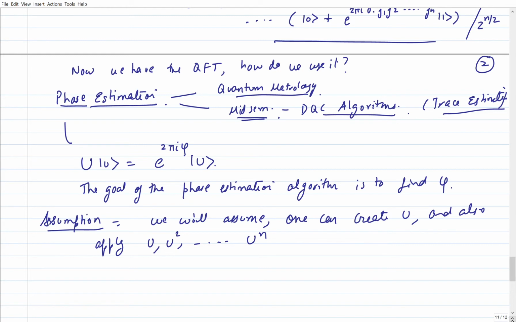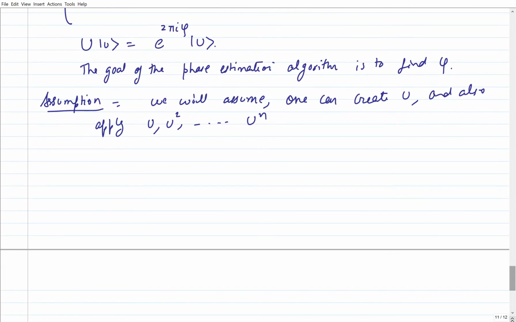So here is a schematic of what essentially we are trying to do. I have a state 0 going through Hadamard, and then I have a control unitary. It only activates when it's going to run, and the input state over here is going to be the eigenvector. So what do I have?